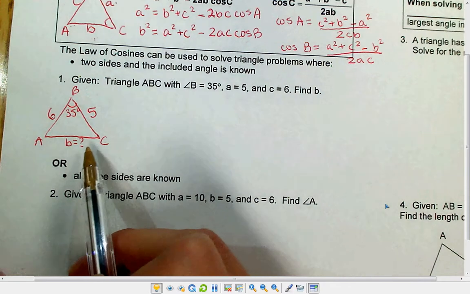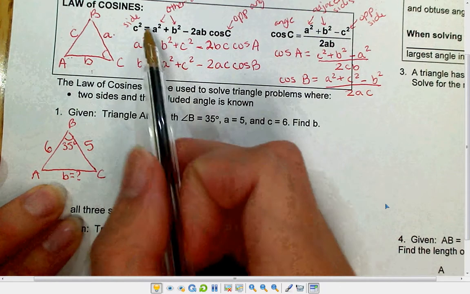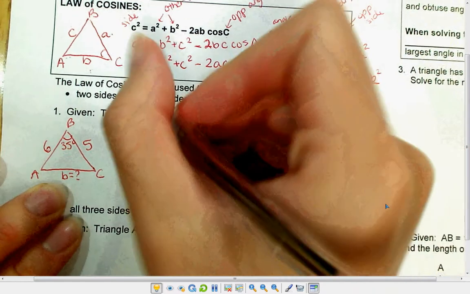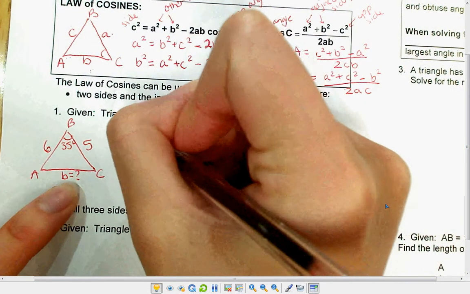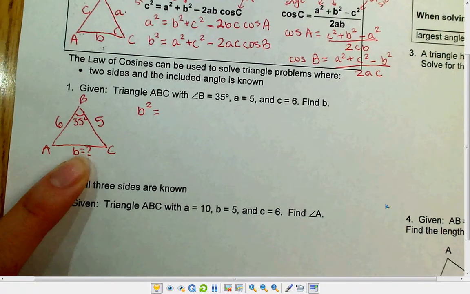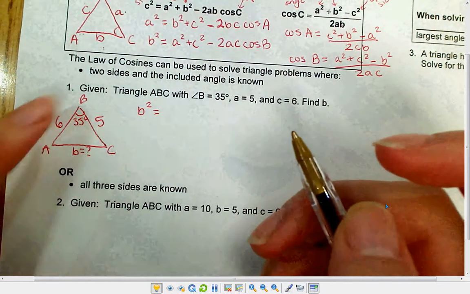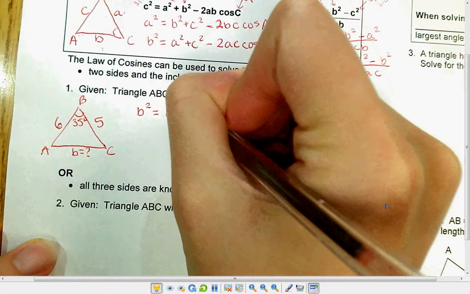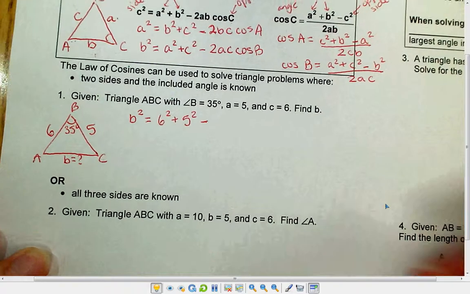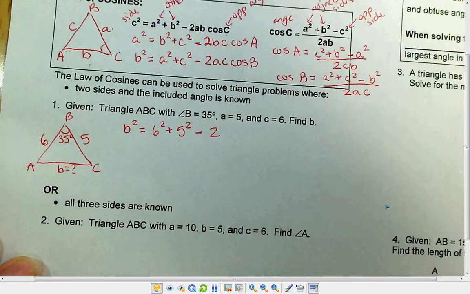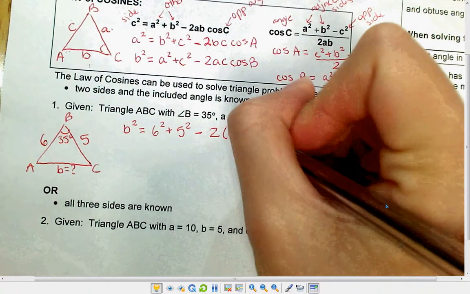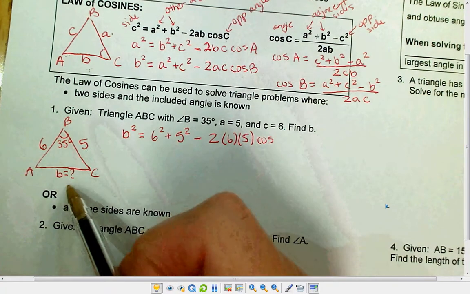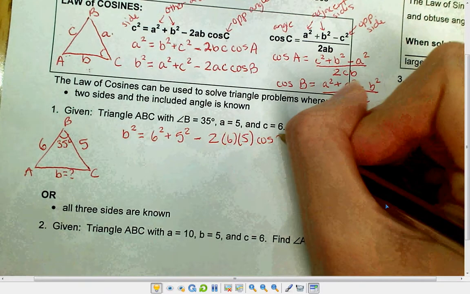What is b? Since we're finding our side, we're going to be using this equation right here, not this one. So our first equation, we're solving for b. We're going to have b squared equals the other two sides, so the other two sides here are 6 and 5, minus 2 times my other two sides again, so 6, 5, and then cosine of the opposite angle, so the opposite angle to B is 35 degrees.